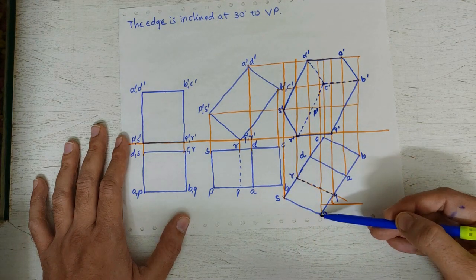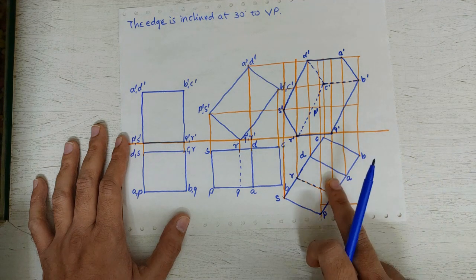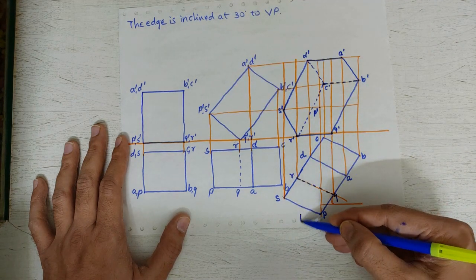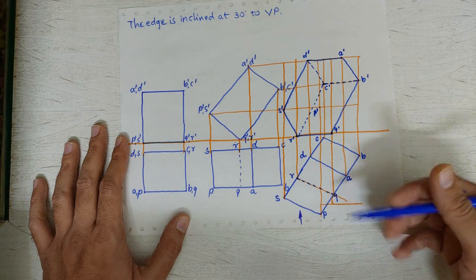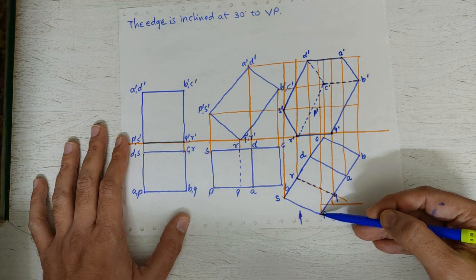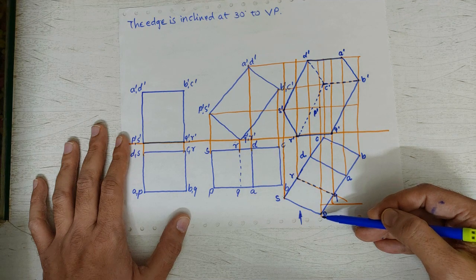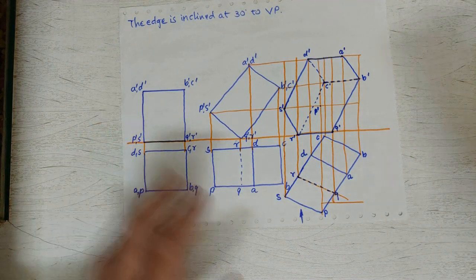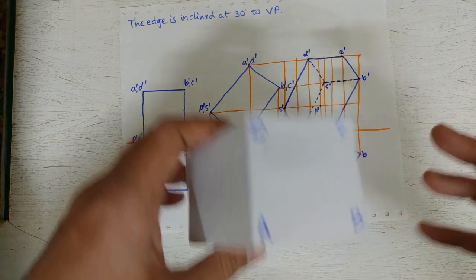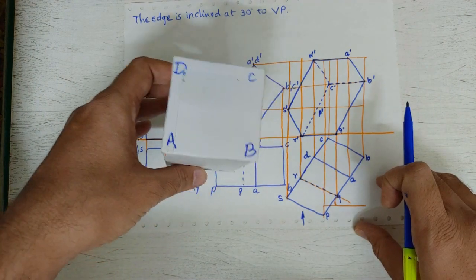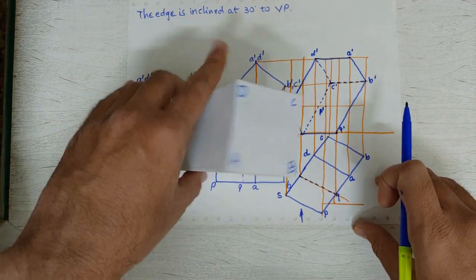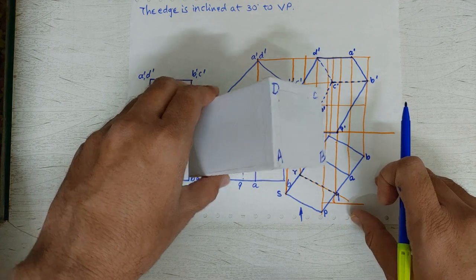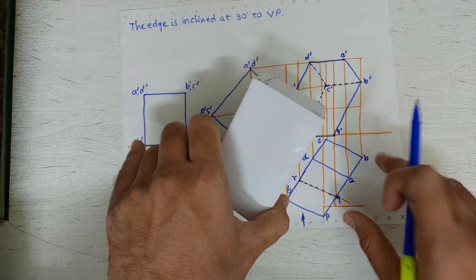So here we can see that if we are observing this view from front, that means from this direction, point P will be directly in front of the observer. That means point P will be directly visible. So that cannot be hidden, right? So if we try to understand by this, then when we tilt it like this and then we tilt it like this, okay, this is the view.